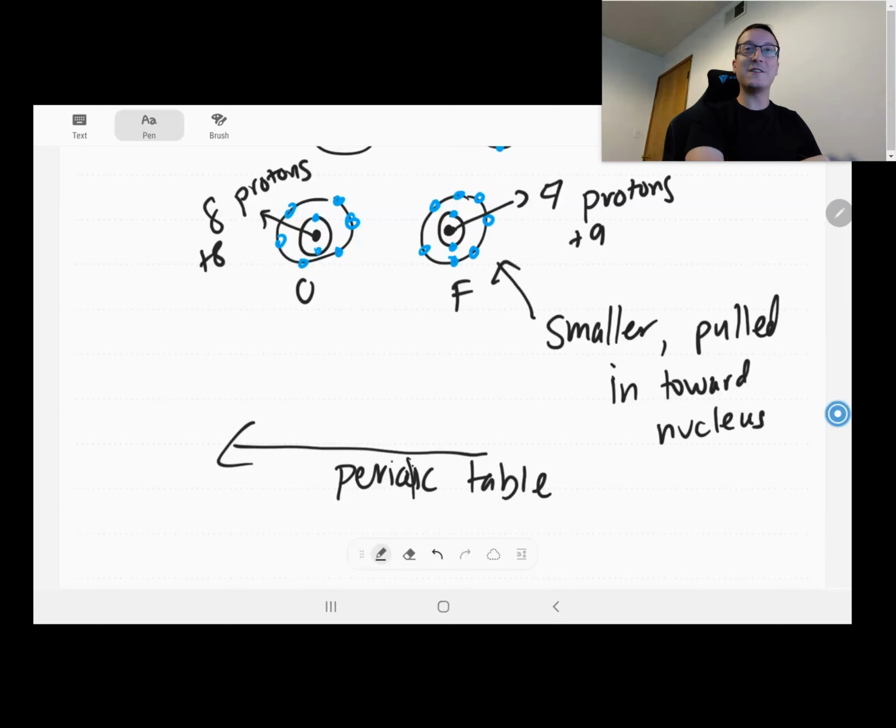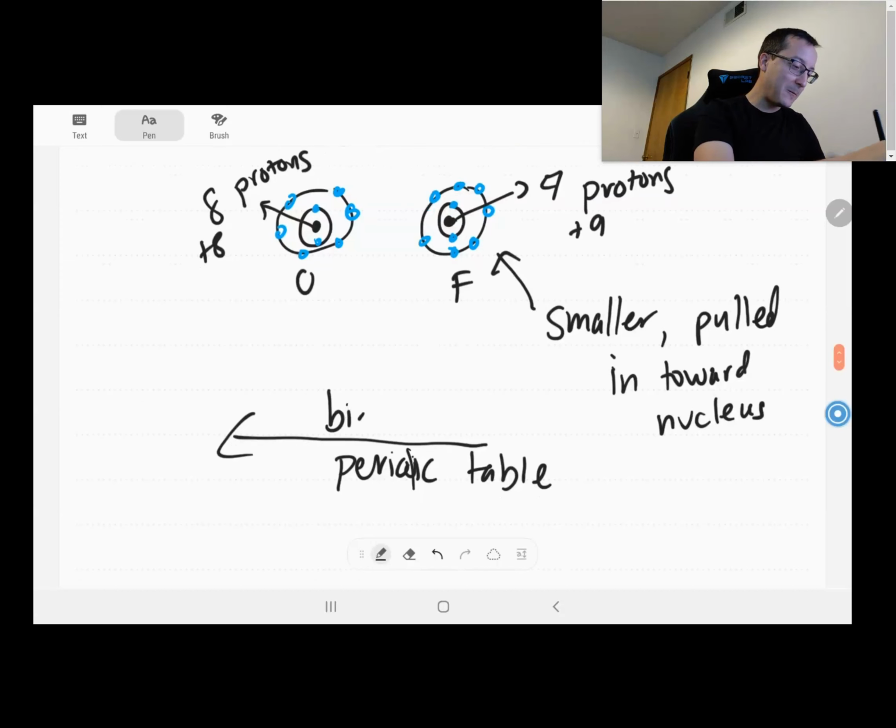As we go left on the periodic table, we're going to see that things get bigger. So if we go from fluorine to oxygen, oxygen's bigger, because it's not pulling those electrons in as tightly. No, I did, Robert. But I phrased it as pulling them in well.